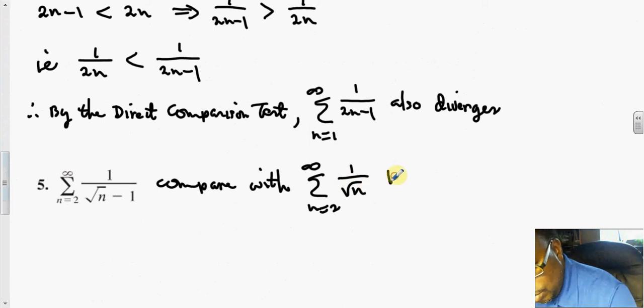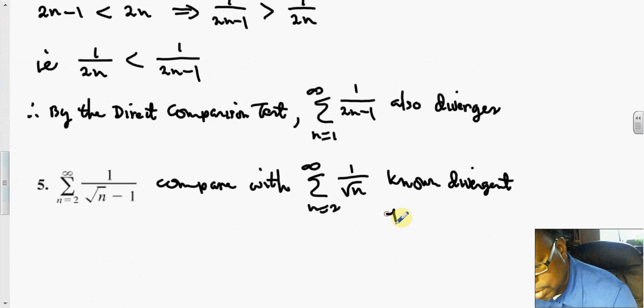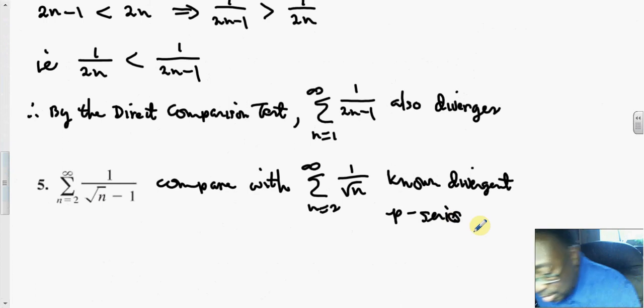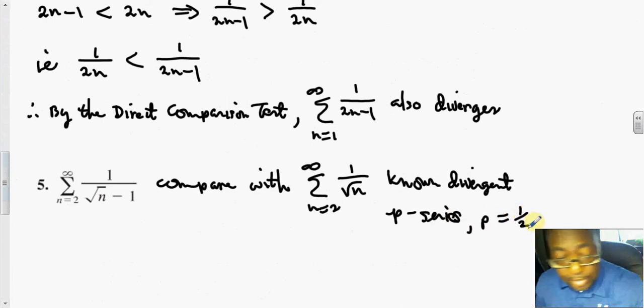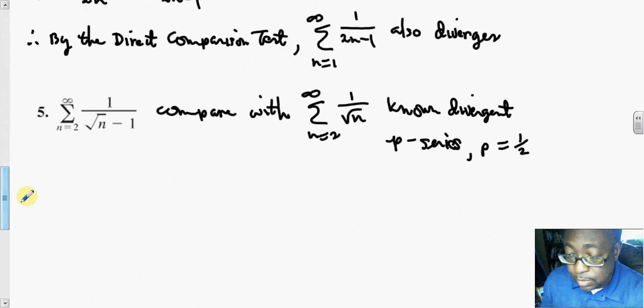This is also a known divergent p-series. Here, notice that p is equal to 1/2, so it's less than 1. And so it's less than or equal to 1 for p, and so we call that a divergent p-series.